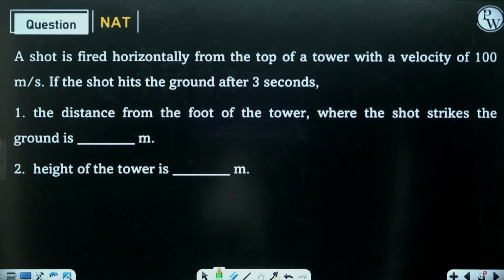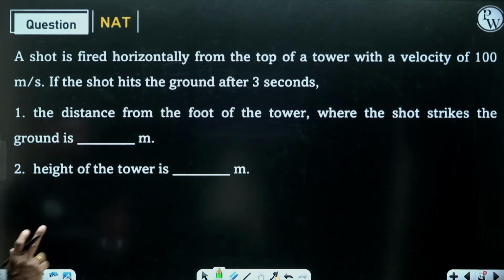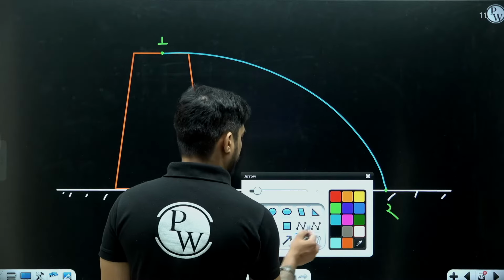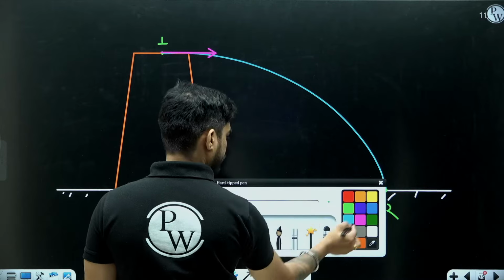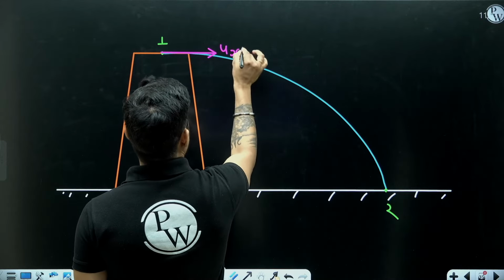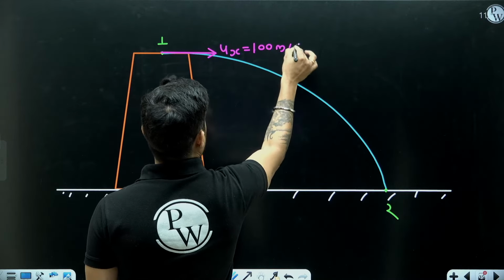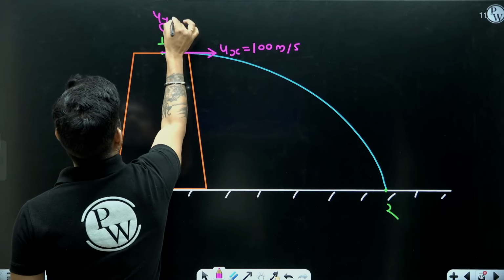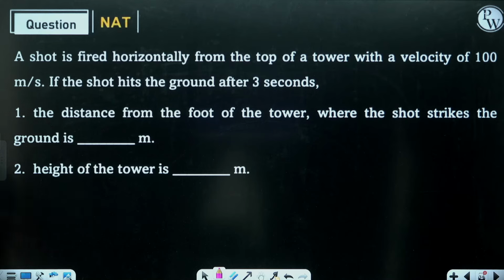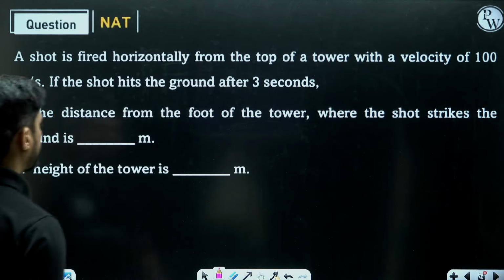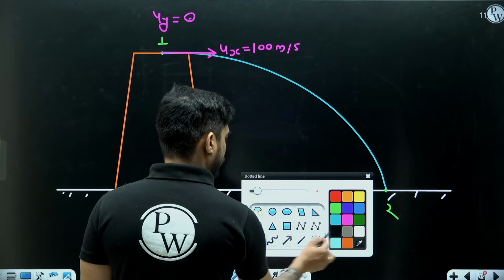Now the first thing they are asking is the distance from the foot of the tower. The shot is fired horizontally, so ux is 100 meter per second and uy is 0. What we need to calculate is the distance from the foot of the tower where the shot strikes the ground.